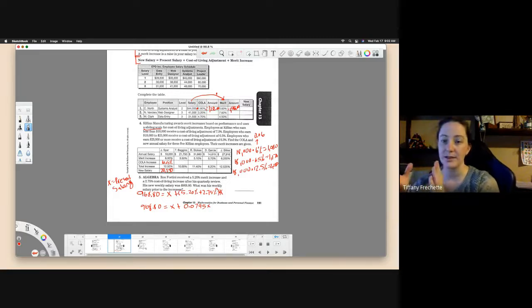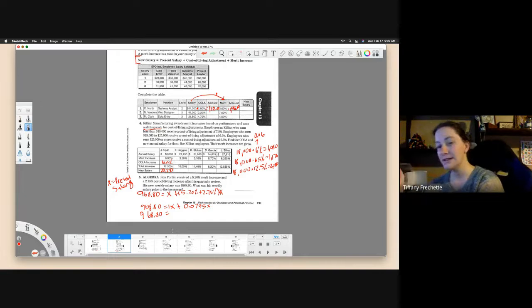There's no reason for the parentheses anymore. So now I need to combine these two. So I get 968.80. These are like terms. That's why I need to combine them. They both have an x. So remember, if you don't see a number in front of this, that's a 1. 1x plus 0.0795x. So I'm just going to add them together like this. That's a decimal, not a comma. 1.0795x.